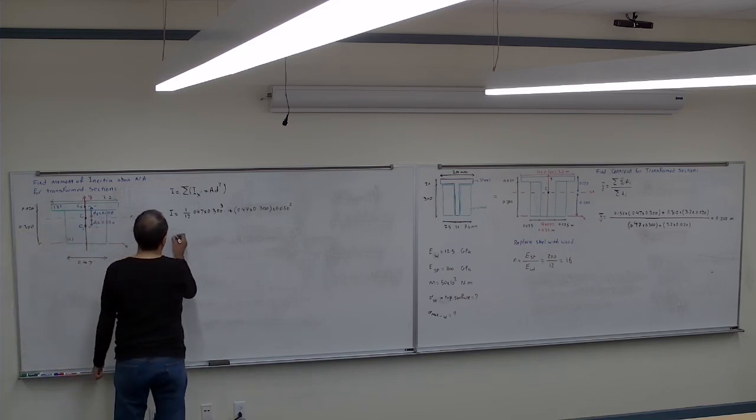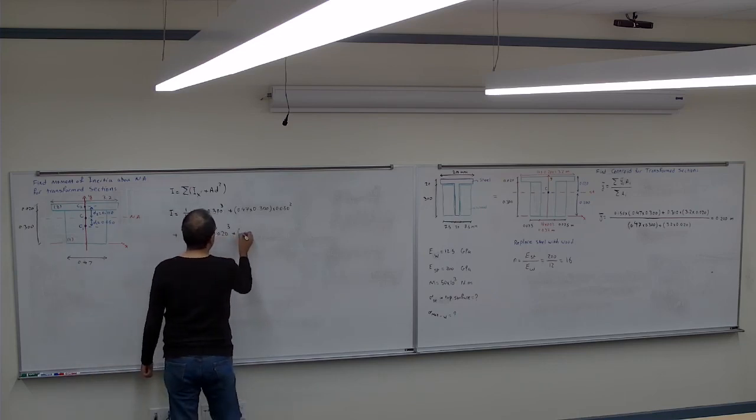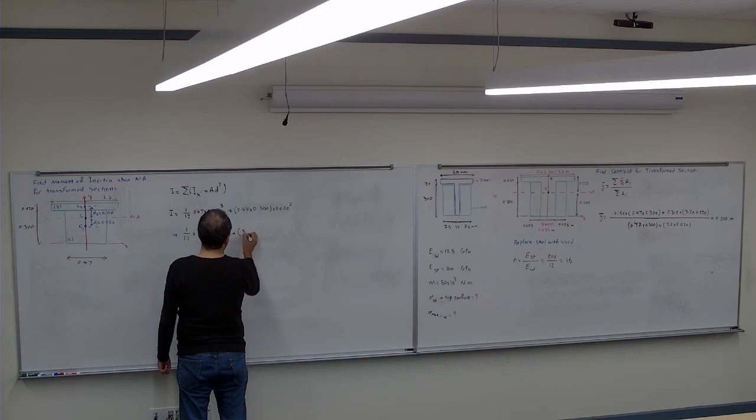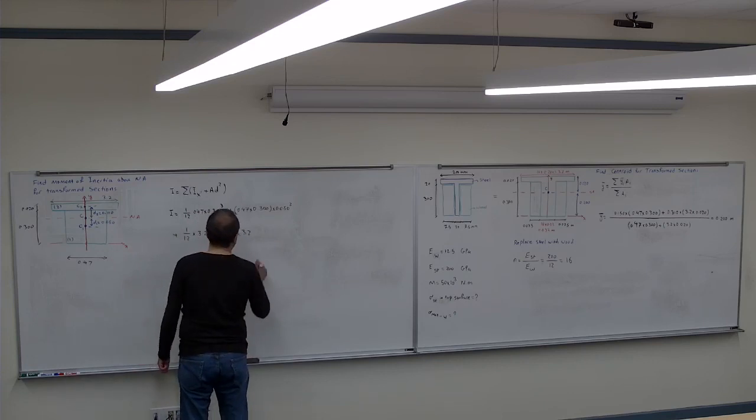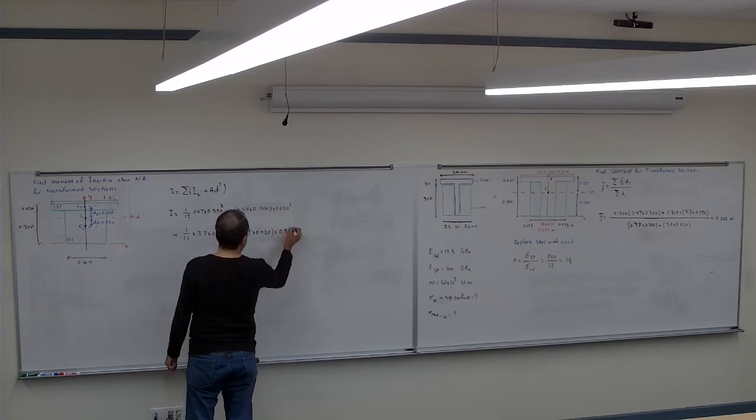Plus, for the top part, number 2, it's 1/12 times the B, which is 3.2, times the height, which is 0.020 cubed, plus the area, so you got 3.2 times 0.020 times 0.110 to the power of 2.